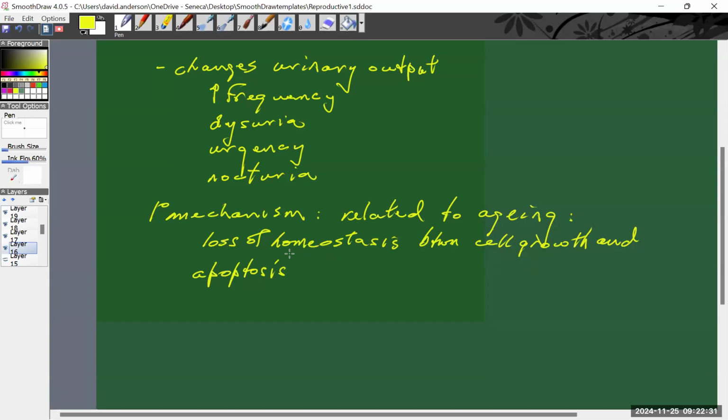So basically, this imbalance is obviously going to favor proliferation. That's where we get the hyperplasia from. So there's going to be an increase in the number of cells associated with the prostate gland, and many of the various cells seem to be affected.